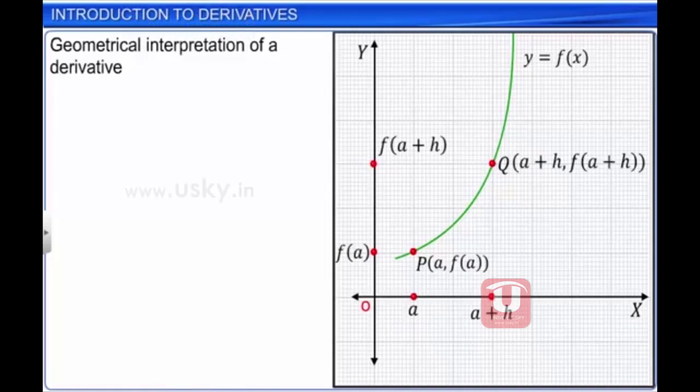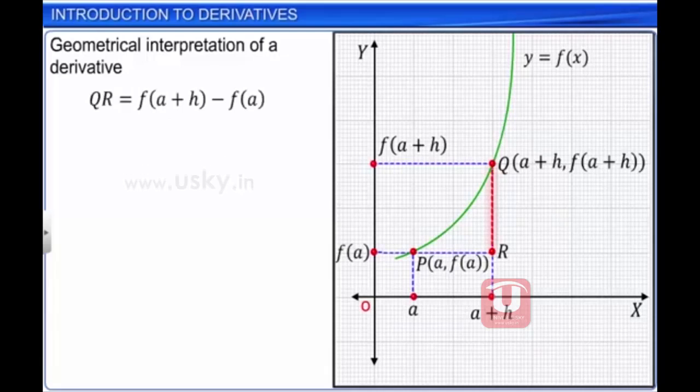Now, draw perpendiculars from points P and Q on the x and y axes. If we consider points P and Q, the increment along the y-axis is f of a plus h minus f of a. The increment along the x-axis is a plus h minus a.